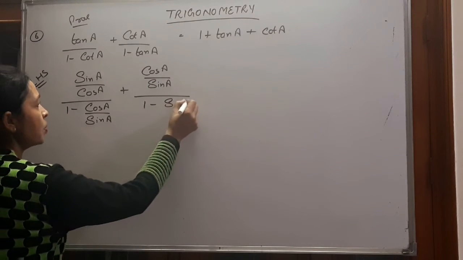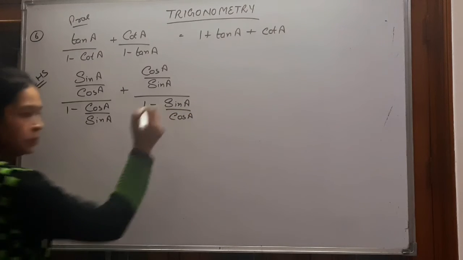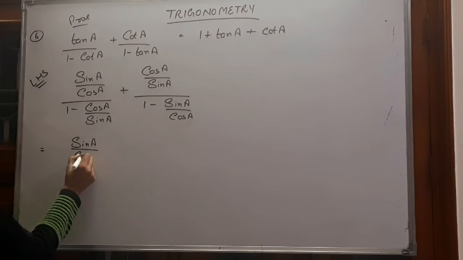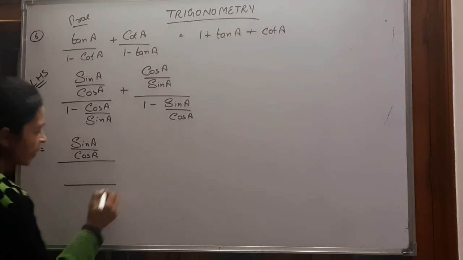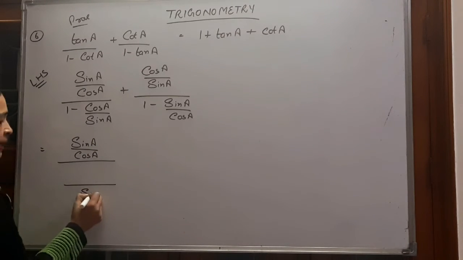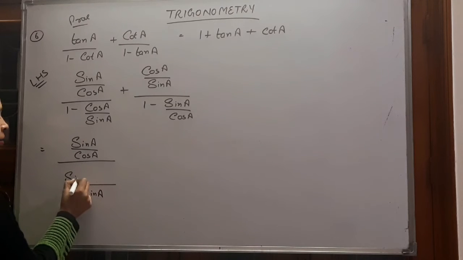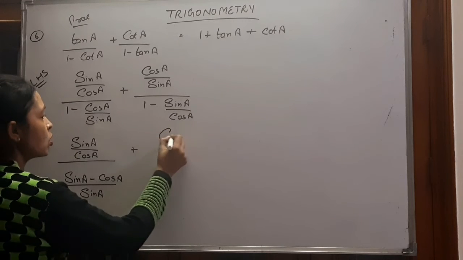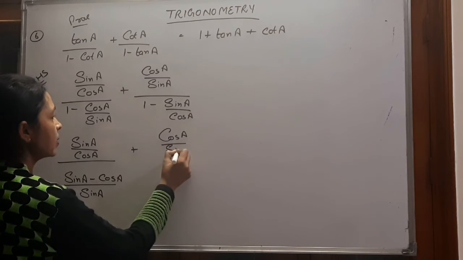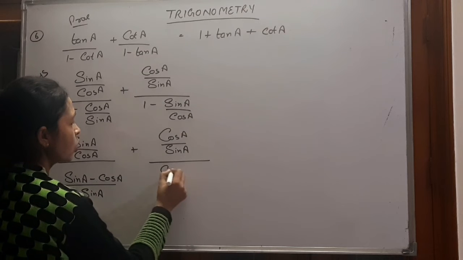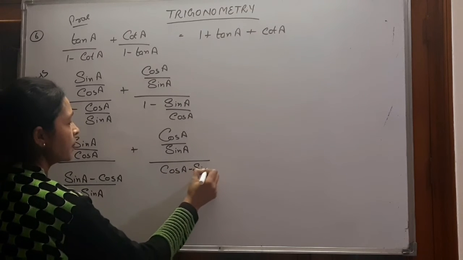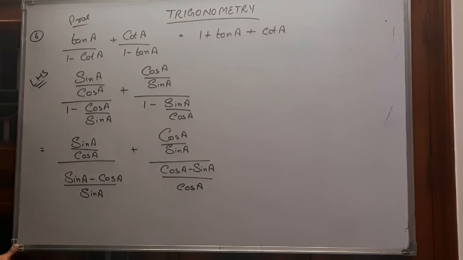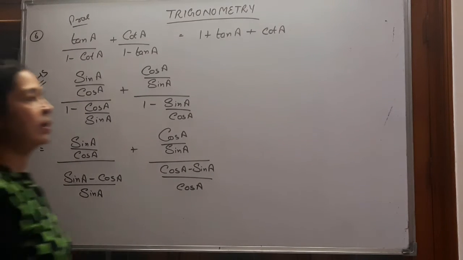1 minus sin A upon cos A. Next, we have sin A upon cos A upon, in the denominator we will take LCM, which is sin A. We have sin A minus cos A plus cos A upon sin A upon cos A minus sin A upon cos A. Now we have fractions in both numerator and denominator.